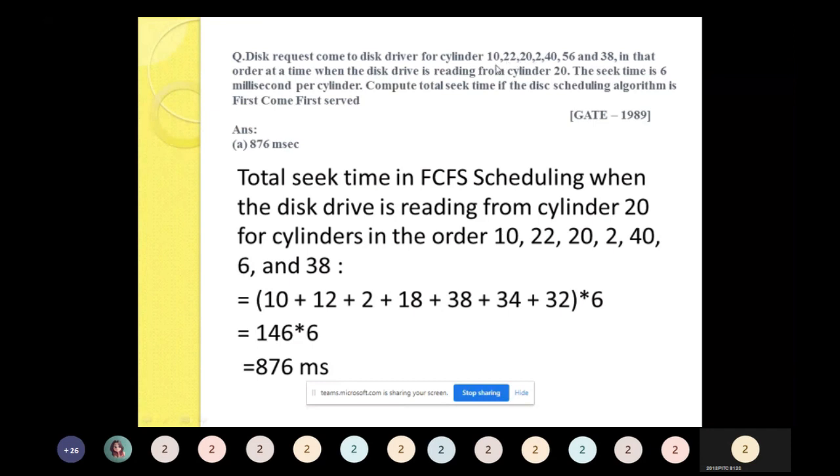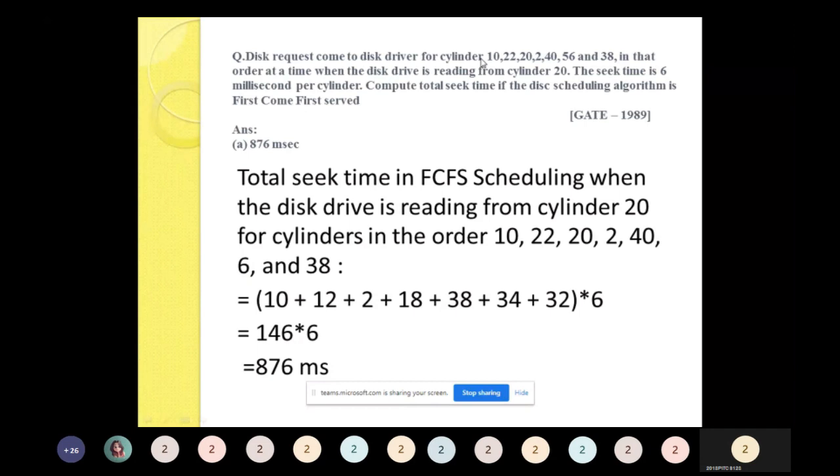We already solved this type of question in the first PPT: SCAN scheduling, FCFS scheduling, C-LOOK and LOOK scheduling. It is the same question with one additional change.